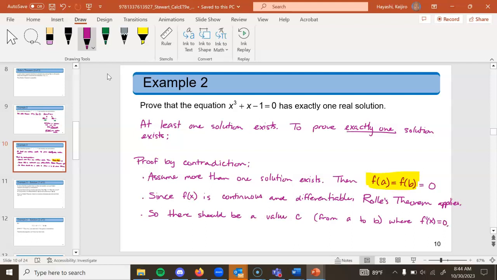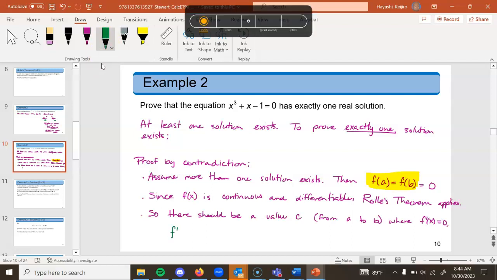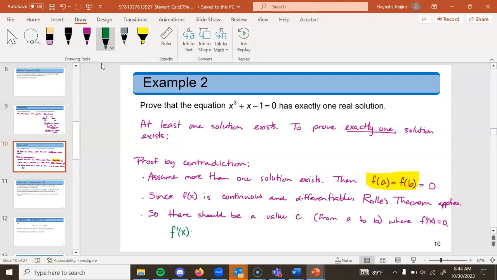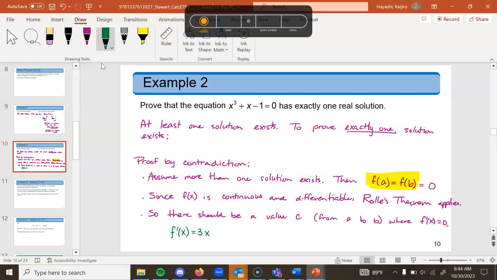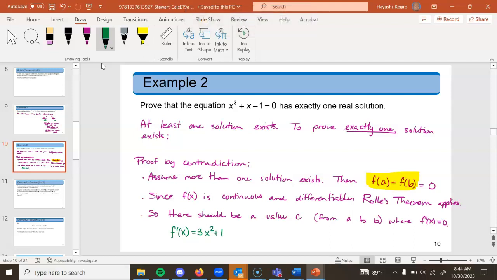And let's see if that's true. Now, f prime of x is going to be, from the power rule, 3x squared plus 1.